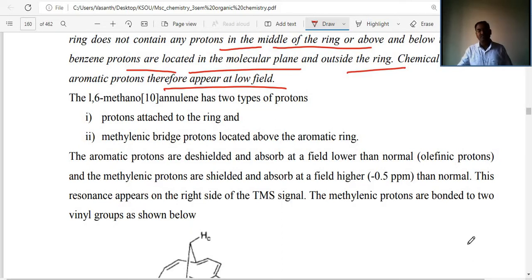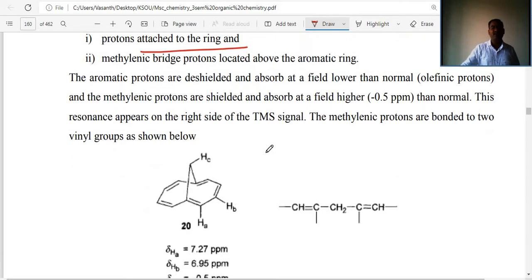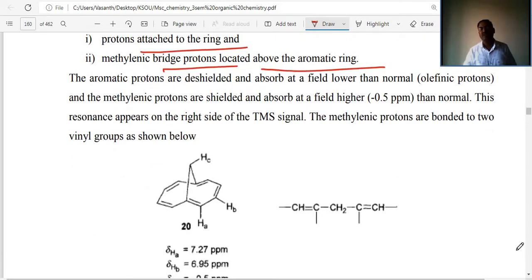1,6-methano[10]annulene has two types of protons: protons attached to the ring and methylenic bridge protons located above the aromatic ring.